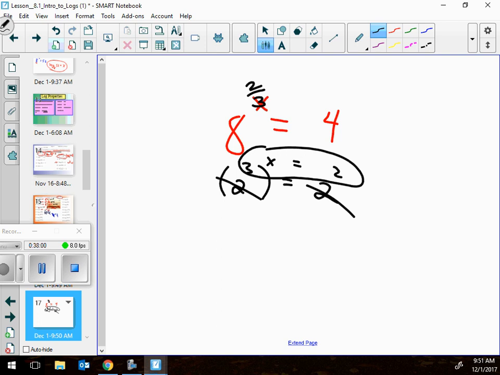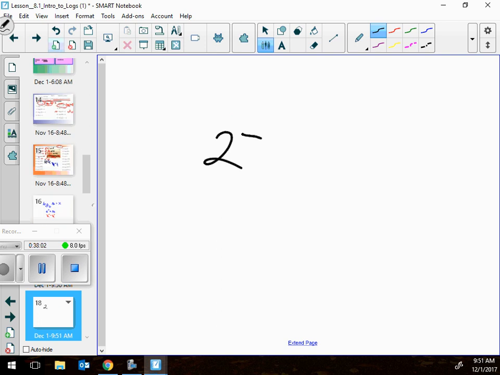Okay. Let's see if you're really understanding this fraction exponent thing. What is 27 to the 2/3 power? That's the root part.